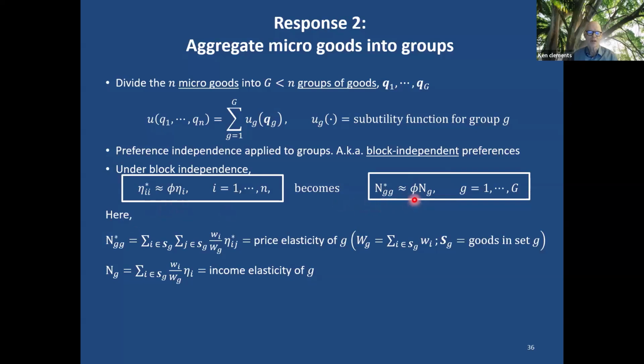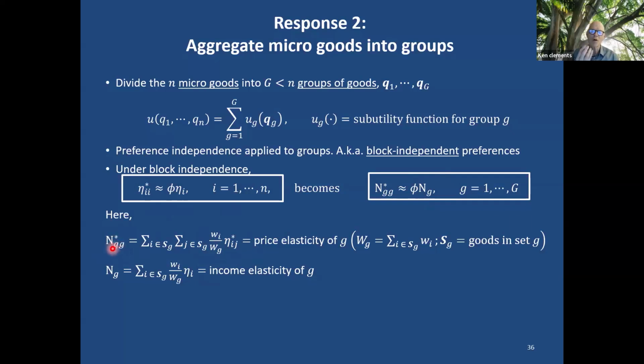That's the income flexibility. And this price elasticity for the group is an appropriately weighted average of the elasticities for the micro goods. And this takes into account the interbrand substitutability that all goes on within the group.